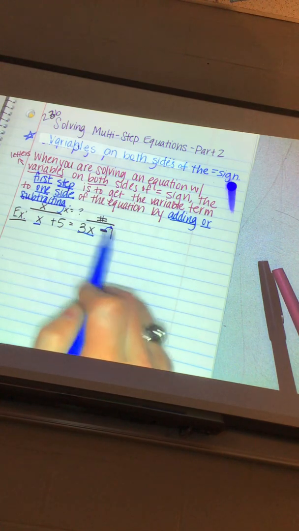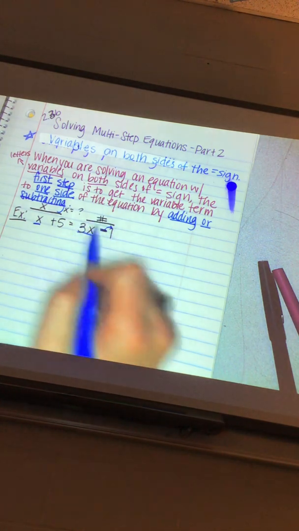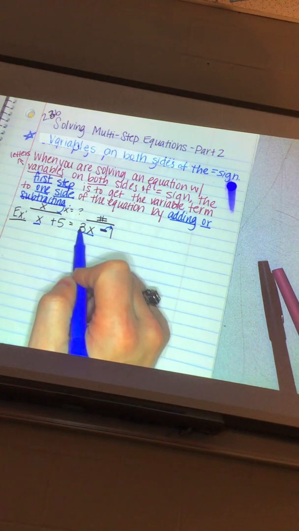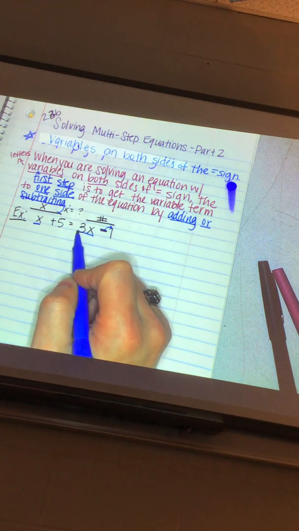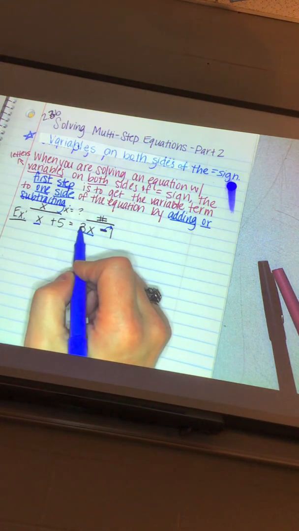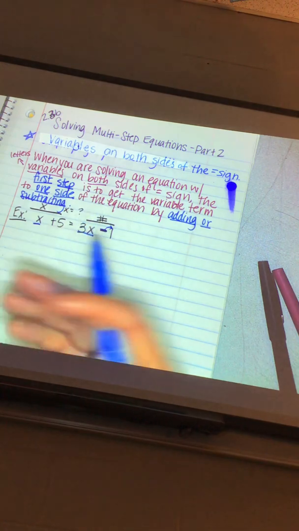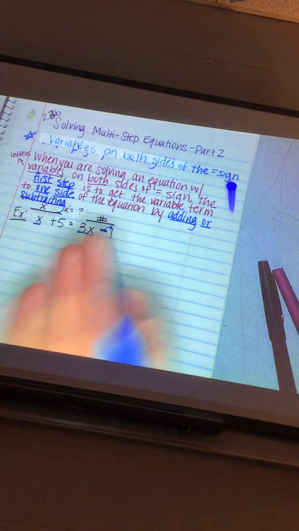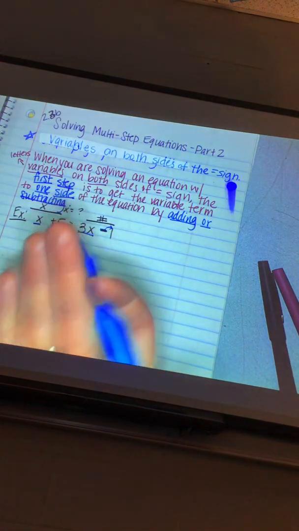So we're going to take this 3x, and because it's a positive 3x, we have to do the opposite to make it disappear. If you have something that's positive, how can you make it zero out? Well, you add the negative of that same term to it. So watch.